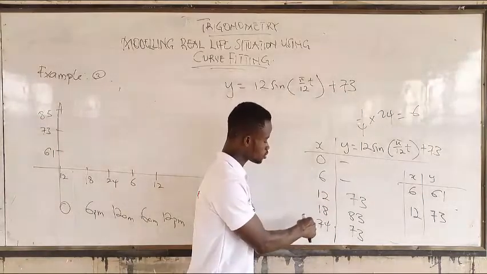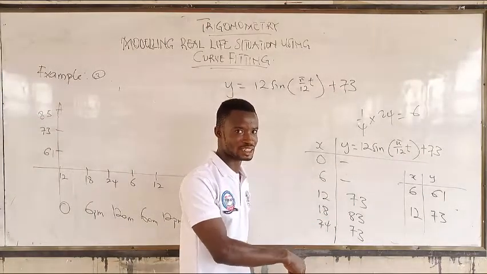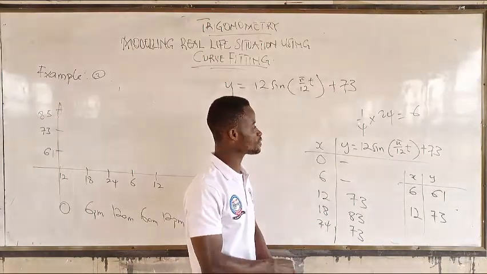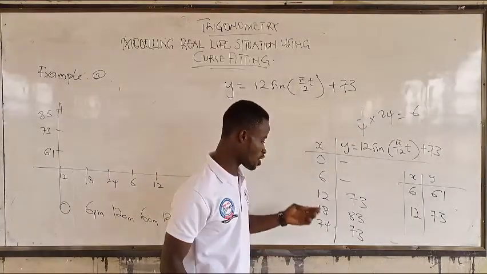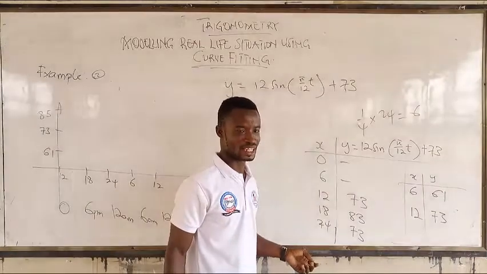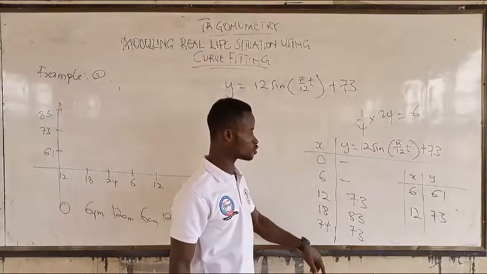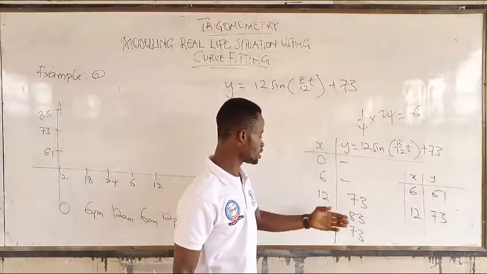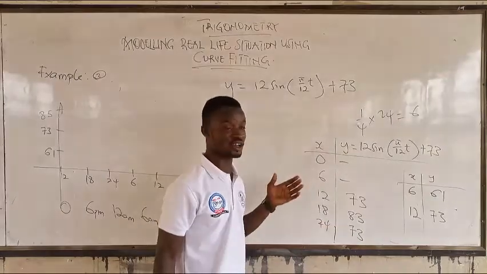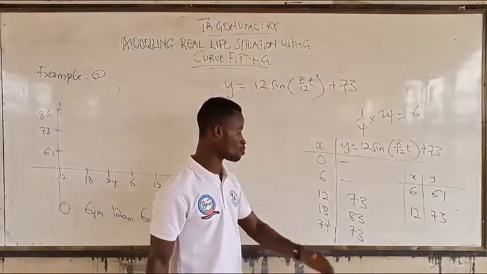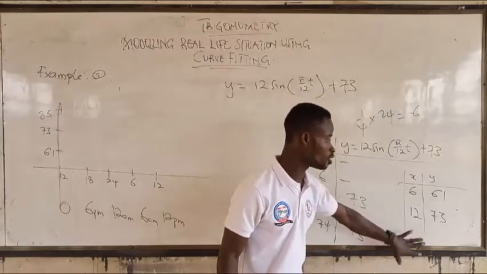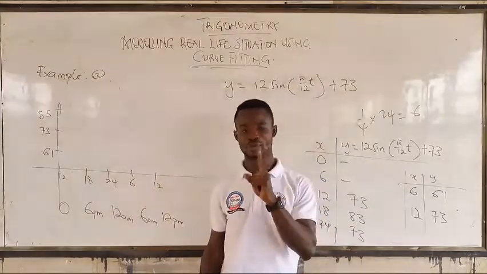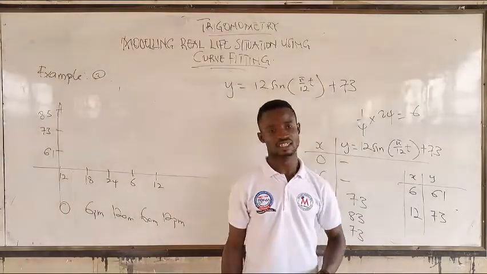When you add 6 to 24, you get 30, but what we are doing here is time, that is hours, so we cannot write 30 like that. It will be the same as 6. We go back again to 6, 12, but we are sketching for one period, so we just end at 24.